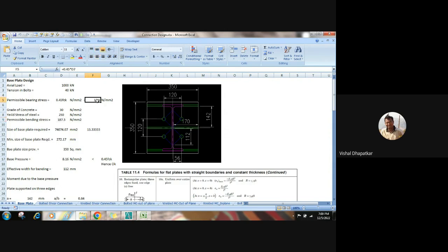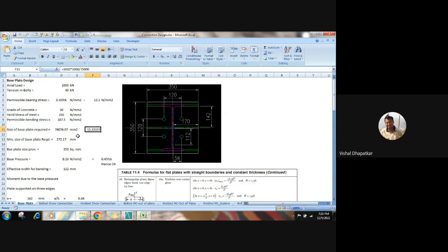So we have this bearing pressure to transfer this 1000 kilonewton of load. Based on this, we will get the area of plate required. We got the area of plate required as 74074 mm square, right?